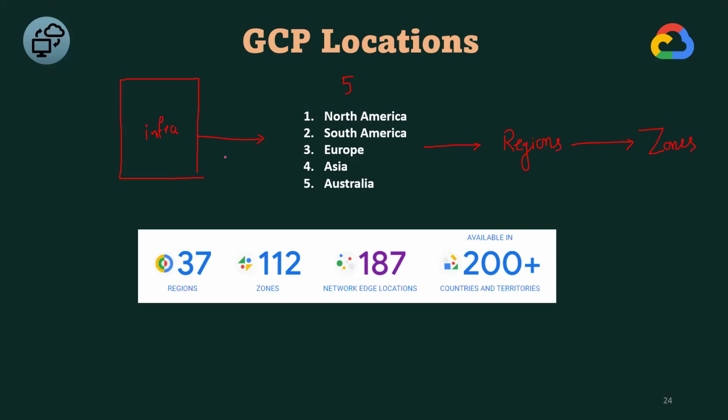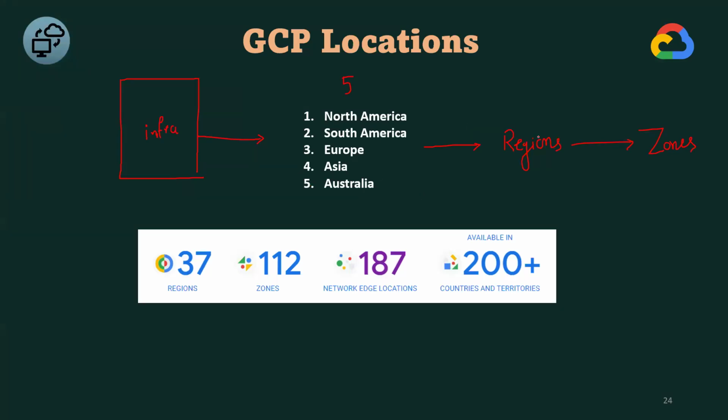This is how Google's entire infrastructure is distributed and divided into 5 locations. That means you have the resources, nothing but data centers, available in North America, and you have a few resources in South America, Europe, Asia, and Australia.